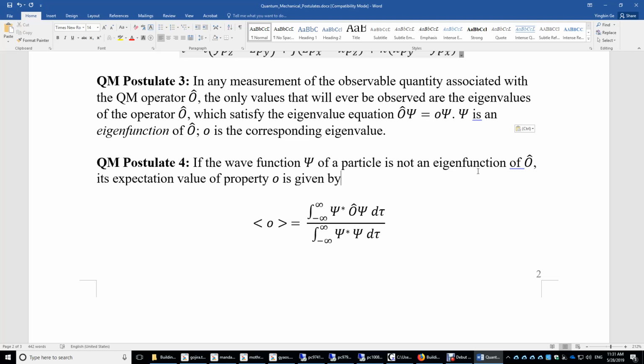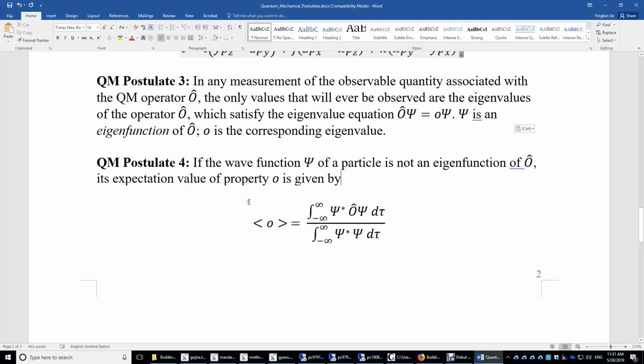Therefore, we cannot determine the exact position of the particle with a wave function x. Then how do we actually have any kind of understanding about the position of that particle? It's very simple. We can obtain the expectation value of that position.